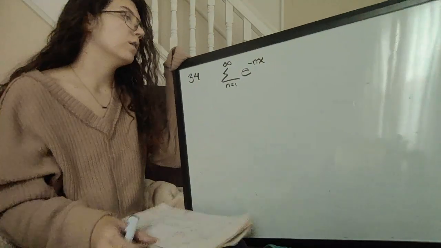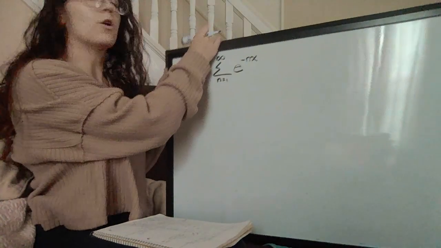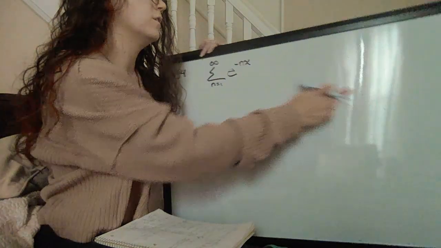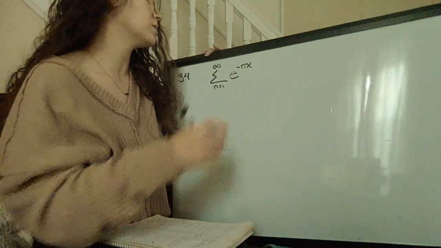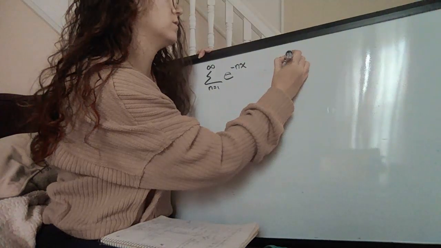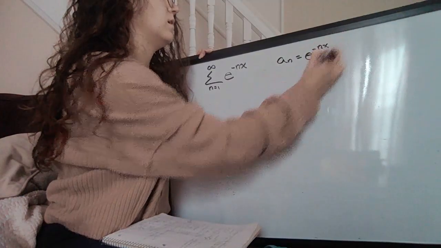For those problems, we always did the ratio test. So I say don't mess with it. It keeps working for me. Whenever there's an x in here, I'm just going to do the ratio test. So I'll write this out: a sub n equals e to the negative n x.